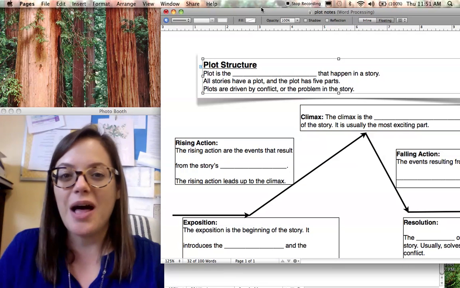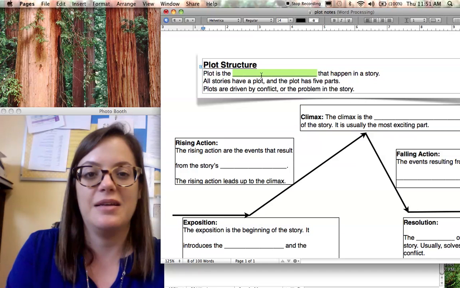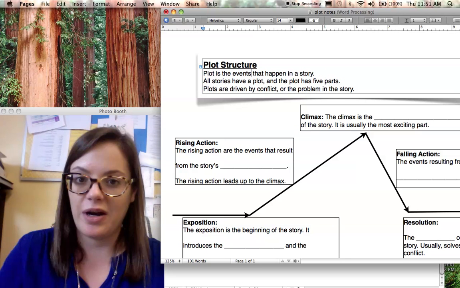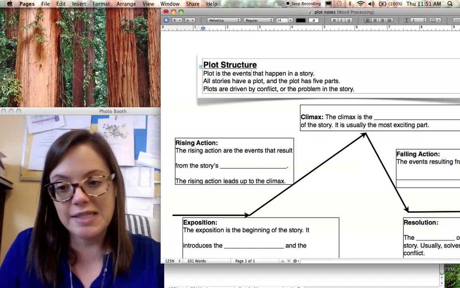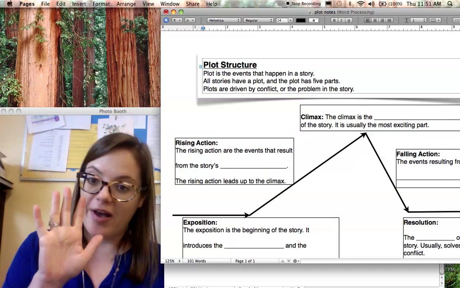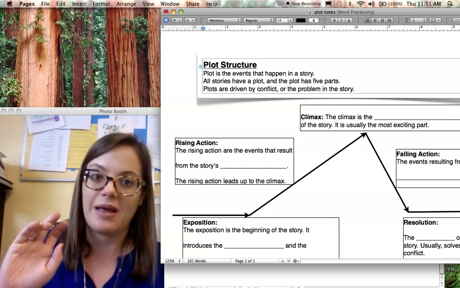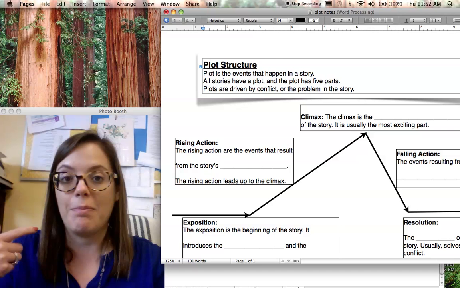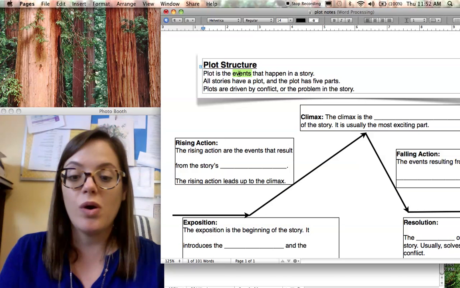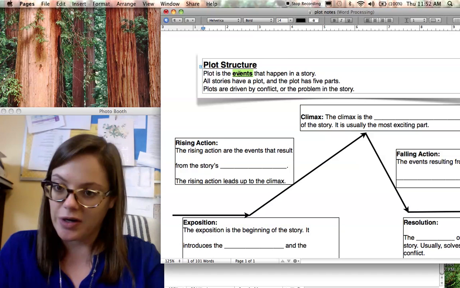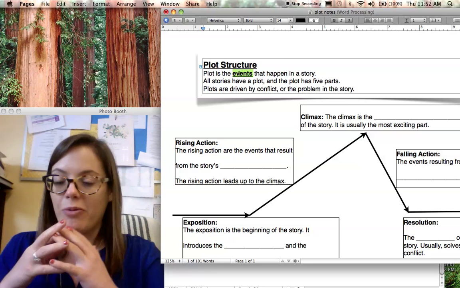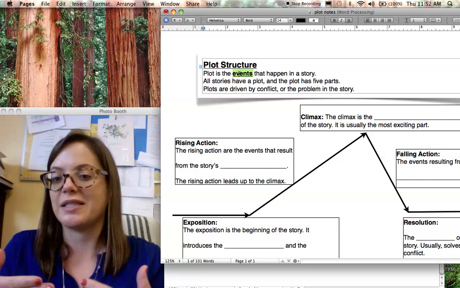Plot is the events that happen in the story, okay? And all stories have a plot, and that plot is divided up into 5 parts, no matter what story you're reading. Now, plots are driven by conflict or the problem in the story. So that's why conflict is so important to our plot. That's what makes everything happen.